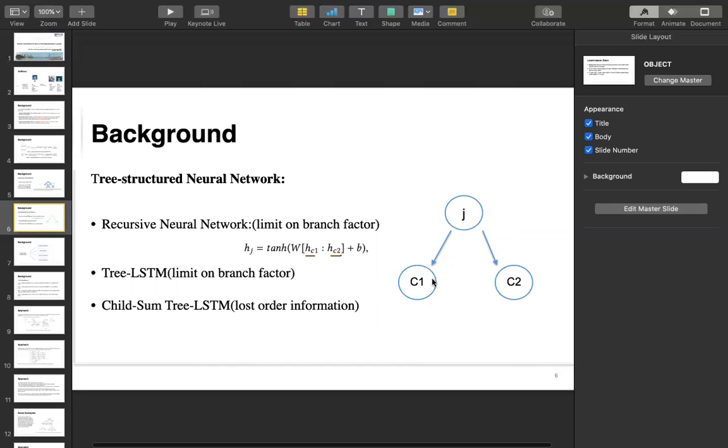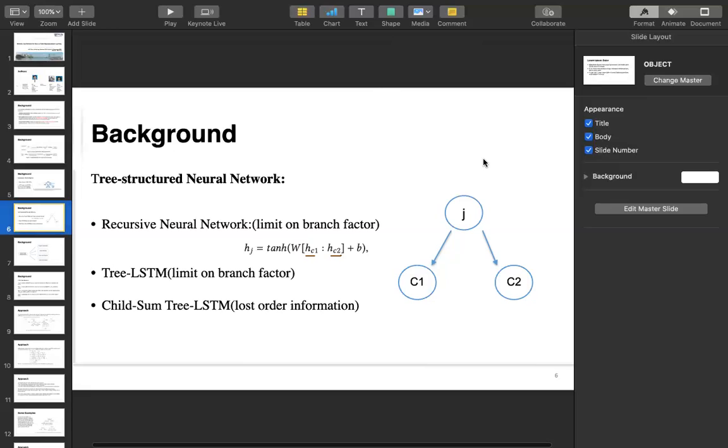So if C1 is a token, then HC1 is the embedding of the C1 token. So what does this cell count mean? Oh, can you allow me to mark on the screen? Yeah. How to do that? I think you need to enable me to annotate. Okay.